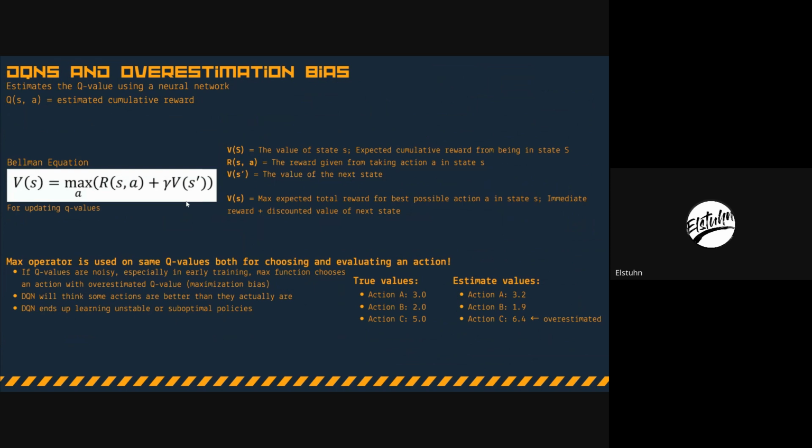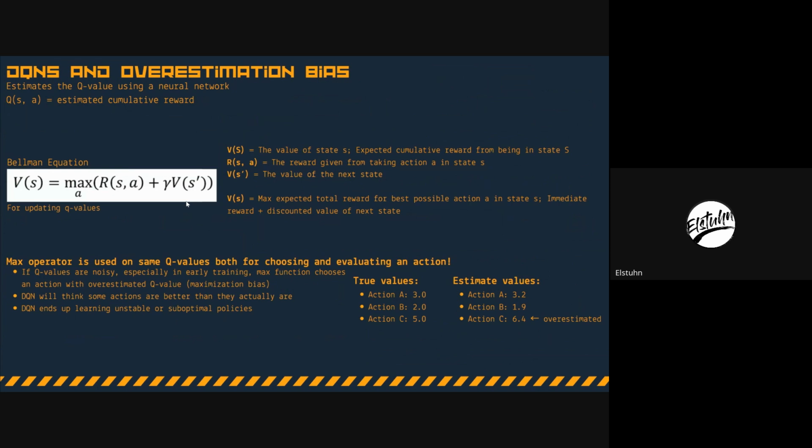And then the problem with DQNs is that, again, recalling the Bellman equation, we are using argmax for the actions as well as the evaluation. And this is obviously not good because we are using argmax for both choosing an action to take as well as evaluating how good our action is.